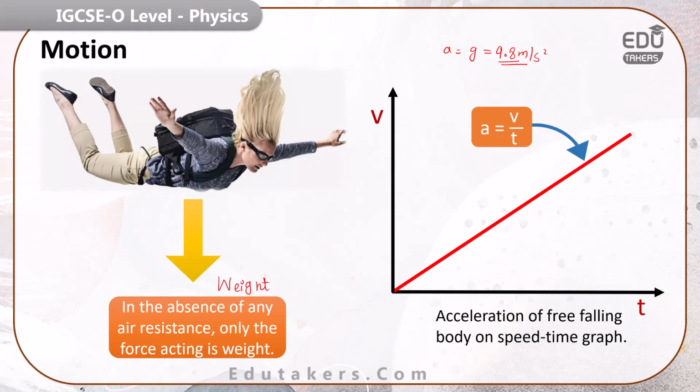When the acceleration is constant, what would be the shape of the speed-time graph? You can see here the speed-time graph is given, which is a straight line rising from both of these axes, speed and time. Here, when the acceleration is constant, the speed increases uniformly. Uniform acceleration means that the speed changes by equal amounts in equal intervals of time, so the acceleration would be a constant value.